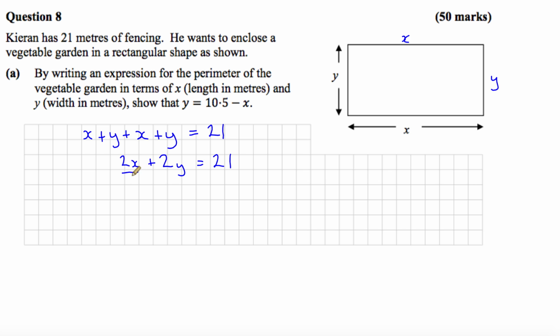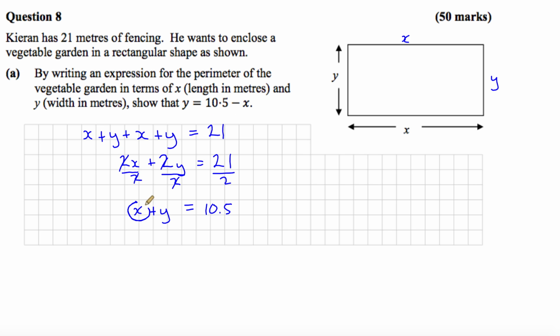If we divide everything by 2, that's going to leave us with, these 2's cancel. So that's going to leave me with x plus y is equal to 21 divided by 2, in your calculator, that's 10.5. So now, remember we have to show that y is equal to 10.5 minus x.